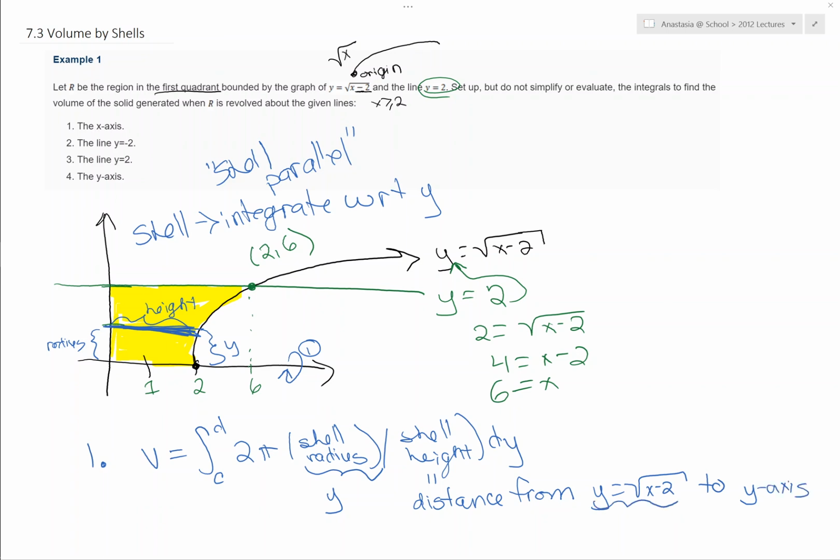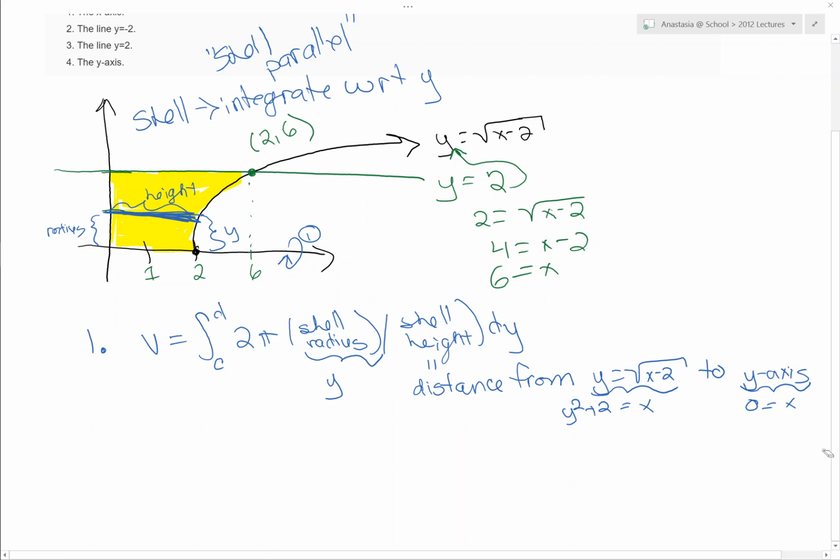But we need to write it in terms of y. So we're going to rearrange this and get that x is equal to y squared plus 2, and the y-axis is x equaling 0. Notice we want a horizontal distance. In terms of y, we're going to need right minus left, so this is y squared plus 2 minus 0, or just y squared plus 2. So the height function, h of y, is y squared plus 2. The radius is just going to be y.